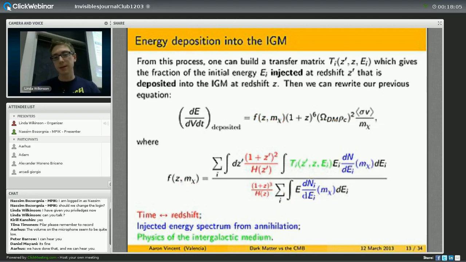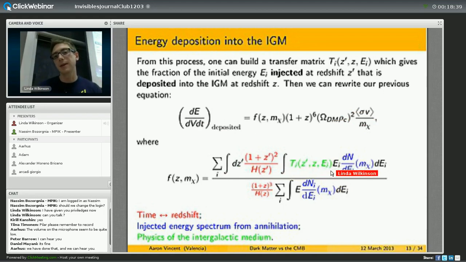So this is just explaining what these various parts would be. Your particle physics, so the spectrum of the final state particles after dark matter annihilation, is in blue here. And these factors of 1 plus z come from the appropriate redshifting of the density of matter, as well as the conversion from an energy injection rate, an energy per unit time, to a rate per unit redshift.